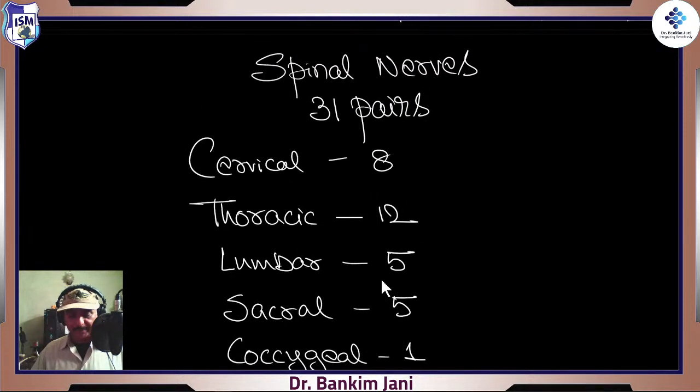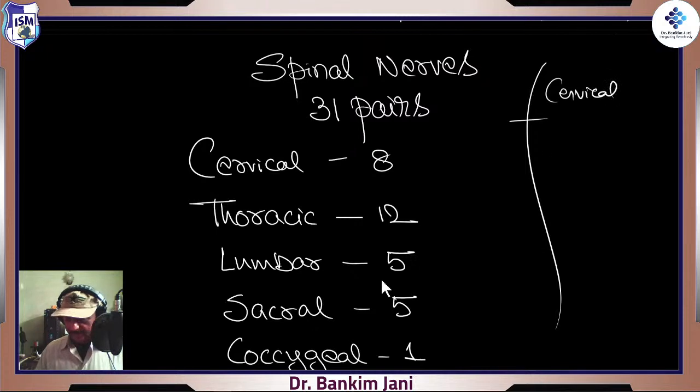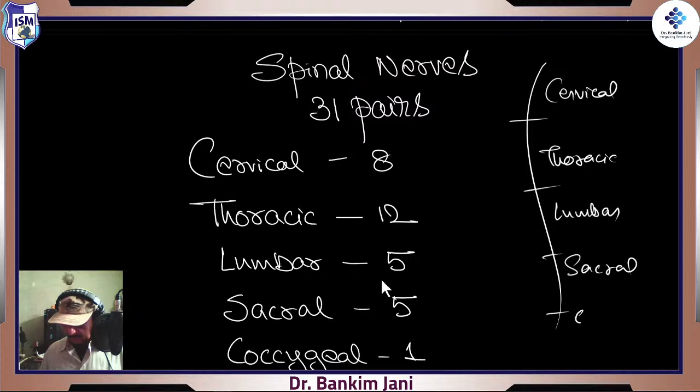Coming to the spinal nerves. So we have cranial nerves and the spinal nerves. When we say the spine, we have got the cervical region, and then there is thoracic, that will be to the thoracic cavity, and then we have got the lumbar, the sacral and the coccygeal.